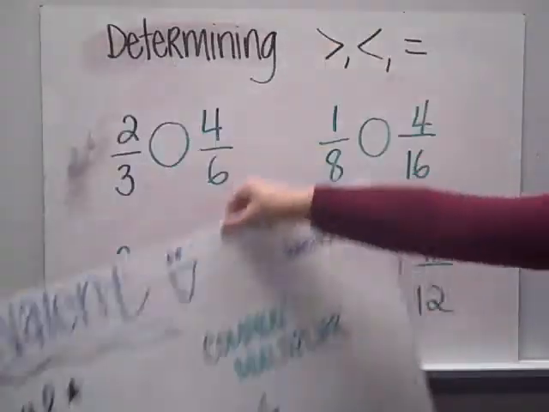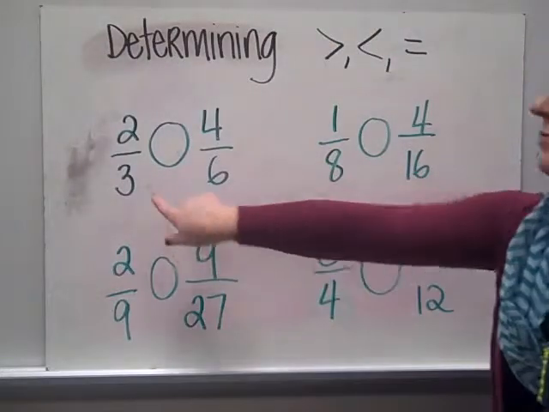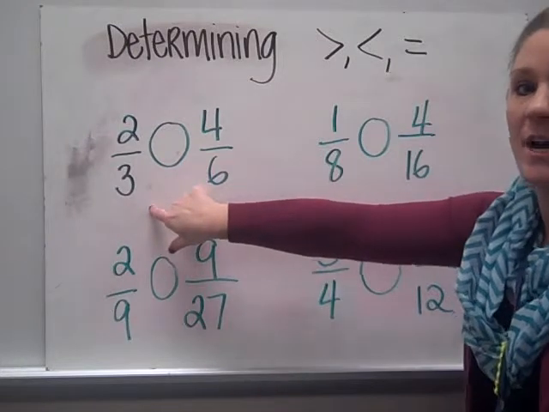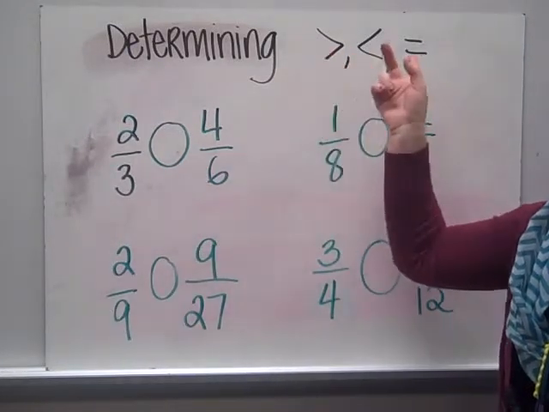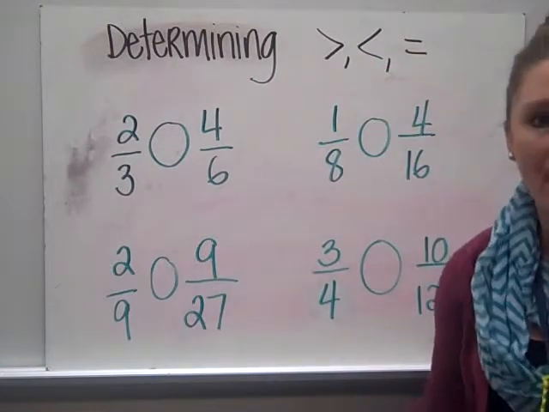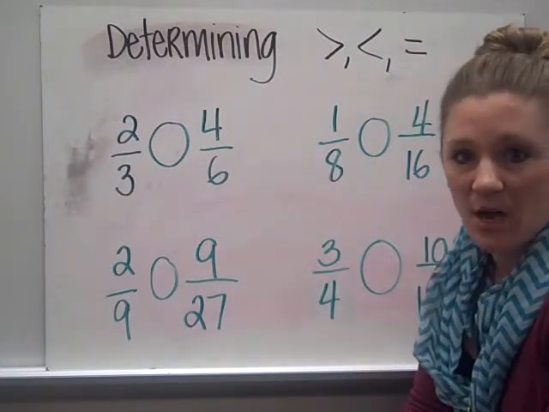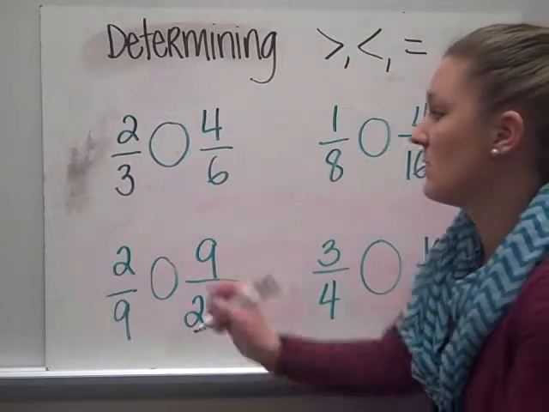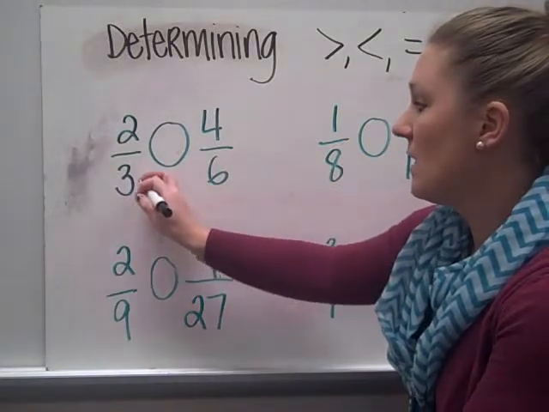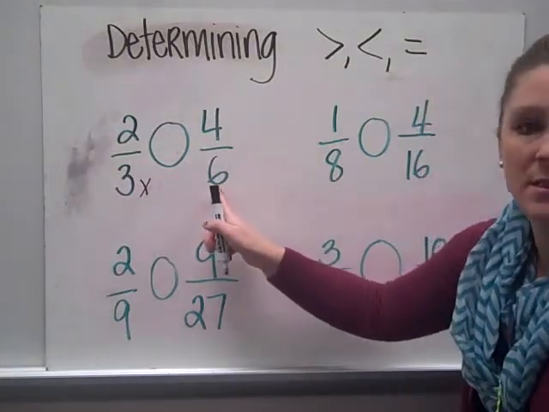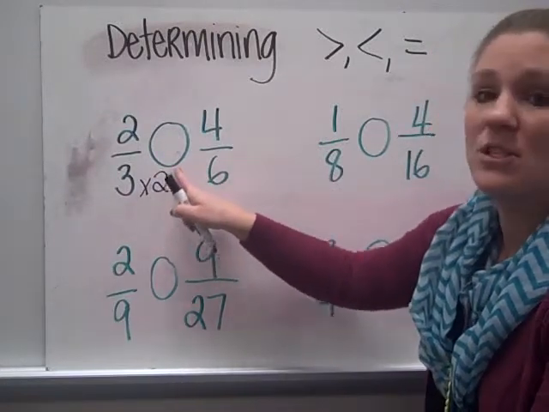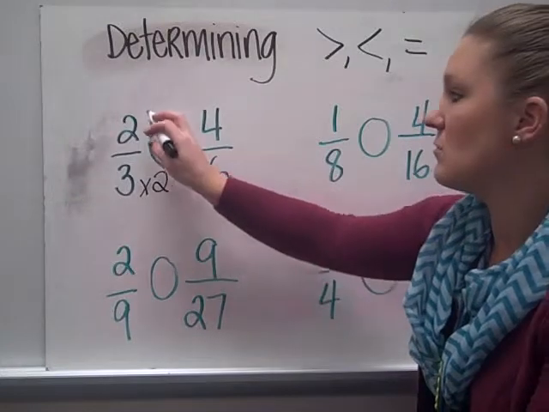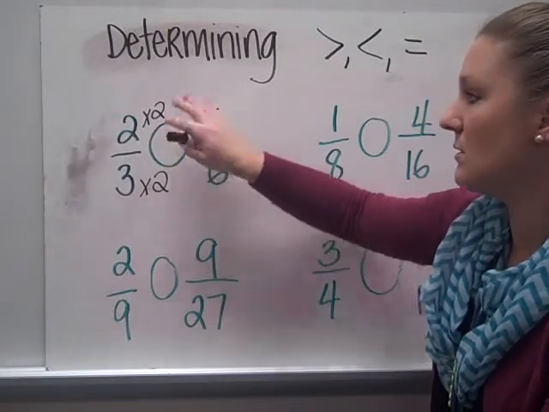Now, what if they give you two different fractions and it's your job to determine if the fraction's greater than, less than, or equal to? What do you do now? You can still use the common multiplier to help you. So you still would say 3 times what is 6? Well, 2. So I'm going to come up here and I have to use the same multiplier. So 2 times 2 equals.